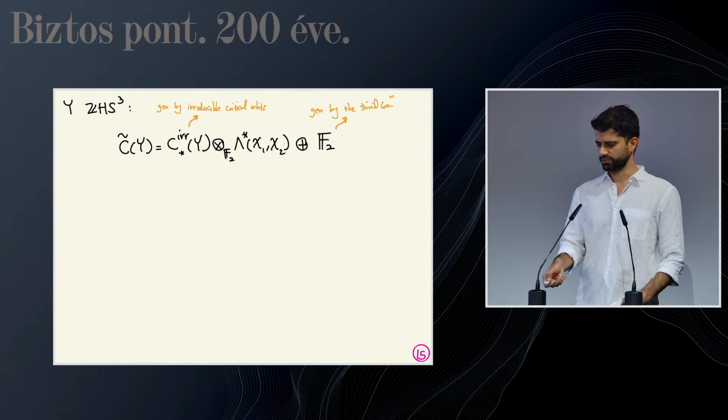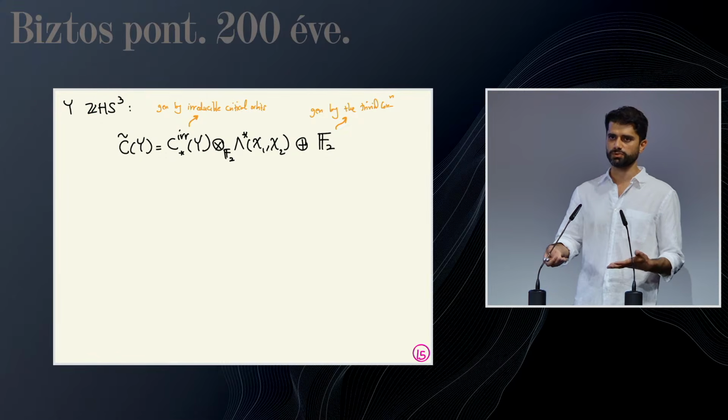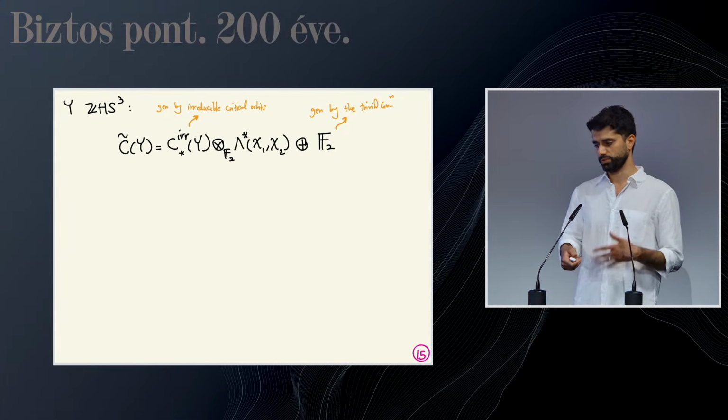So let's assume for simplicity Y is an integer homology sphere. This can be done more generally for rational homology spheres. In general, critical points of the Chern-Simons functional all come from orbits of flat connections.